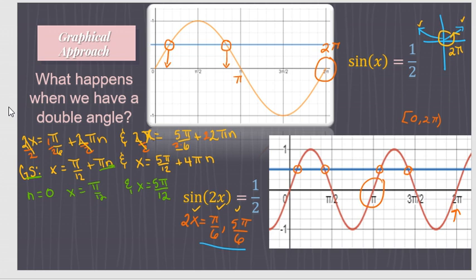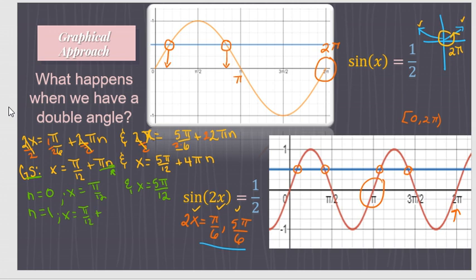So what's going to happen is we need to find out what's going on when n equals 1. If I have n equals 1, then for x, I'm going to get pi over 12 plus pi, because now this n becomes a 1.